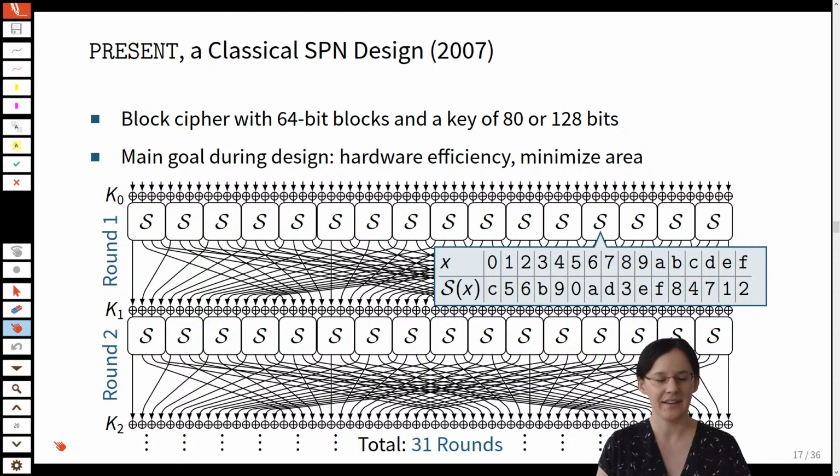And the design is actually really simple. So it just consists of round key addition, 4-bit S-boxes, and then some bit permutations. So in hardware, this is really cheap to do, assuming that the circuit that describes this S-box here is relatively simple.